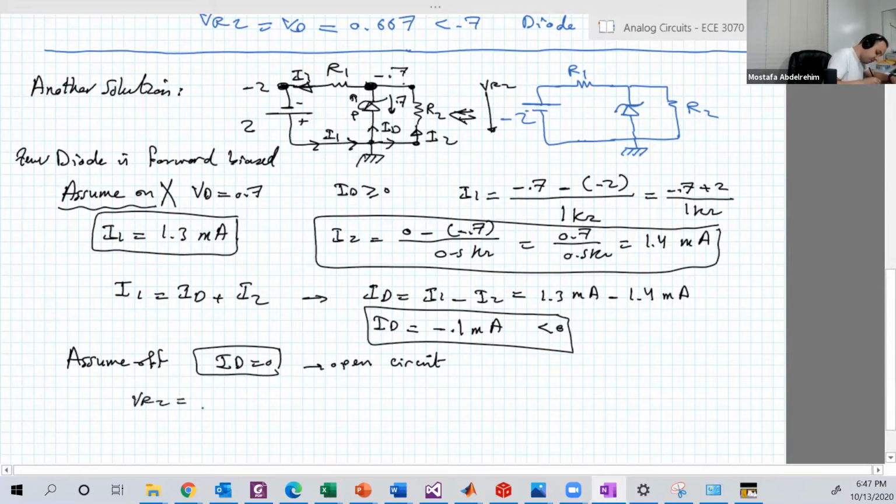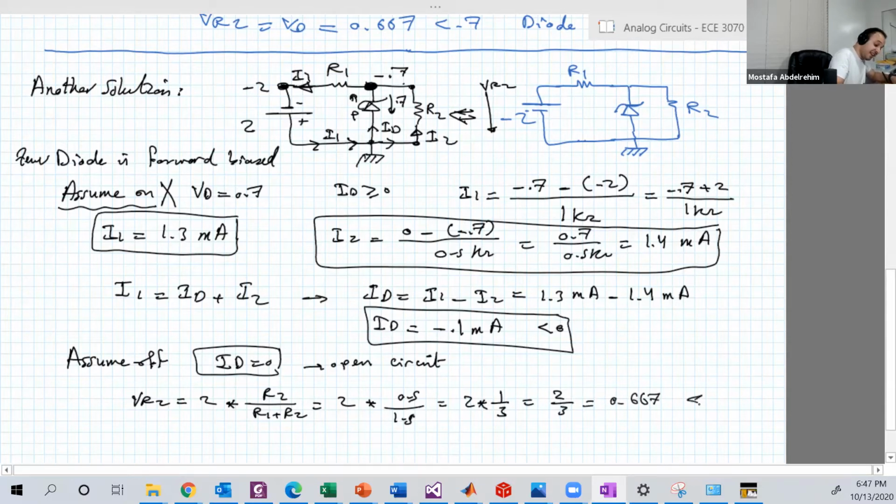VR2 is equal to 2 multiplied by R2 over R1 plus R2, so 2 times 1/3, which is 2 over 3, 0.667, less than 0.7, because VR2 is just equal to VD.